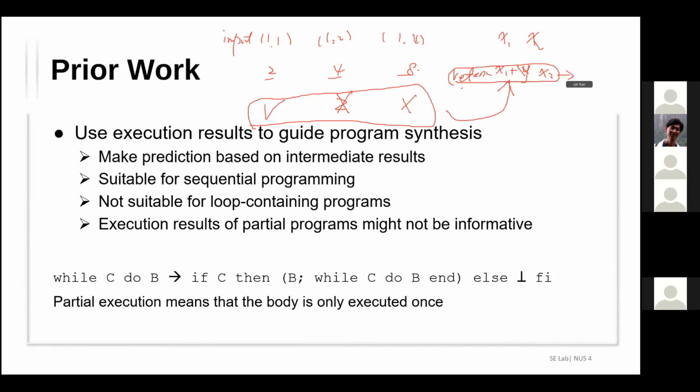So in this case, I will try to evolve the original program: if x2 equals 4, we try to return 4, and in any other case we return x1 plus x2. So this is another program that we try to evolve, so this will pass and this will fail again, right? Whatever it is, given the pass and fail, we keep synthesizing and evolving the program until all the test cases pass, right? So that's basically the program synthesis we want to do.